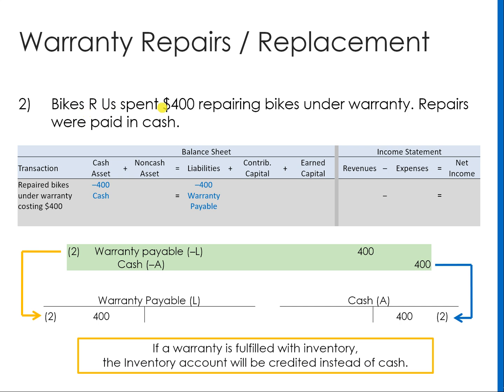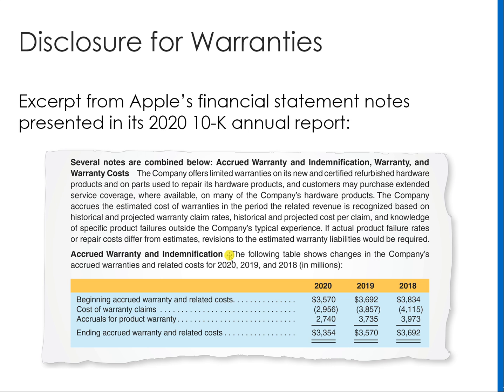Okay, then later, $400 repairing under warranties. The company is going to pay cash, but there's no more expense because all the expense has been recognized in the year of sales. So debit warranty payables and credit cash. Typically, those warranties will be disclosed in the footnote.